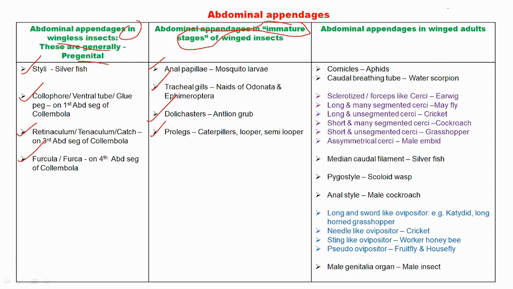In the next category, abdominal appendages in winged adults include cornicles, caudal breathing tube, cerci, median caudal filament, pygostyle, anal style, ovipositor, and the male genital organ in male insects.